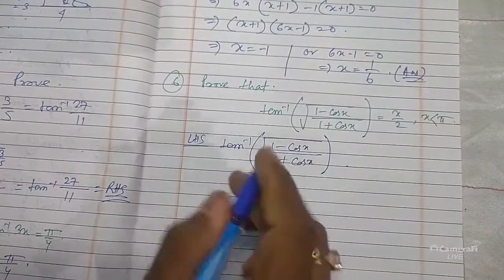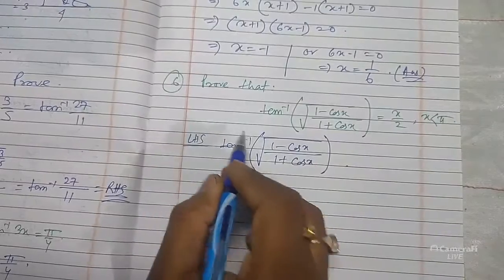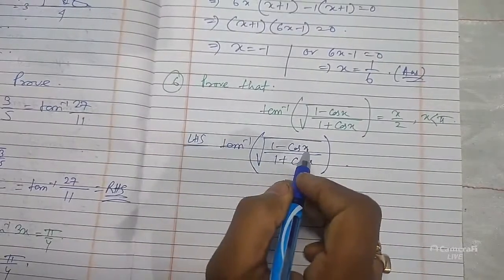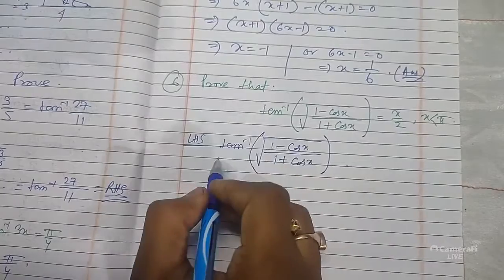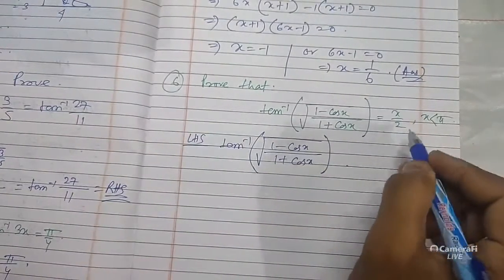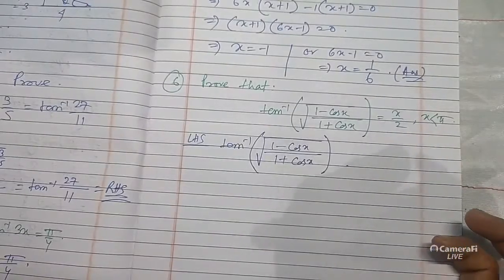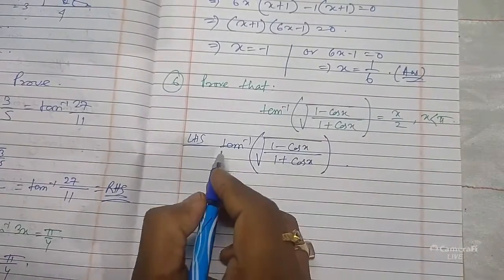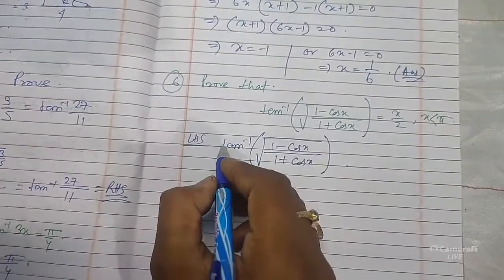Now remember, if outside it is tan inverse, then inside also you have to bring tan, so that tan and tan will cancel. Because in RHS nothing is there, only x by 2 is there. That means you have to cancel this tan inverse.